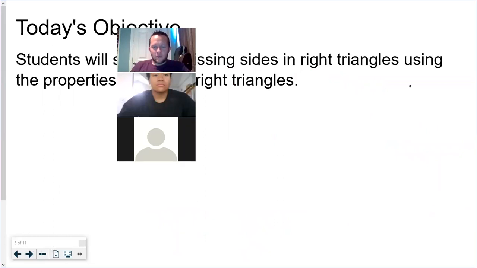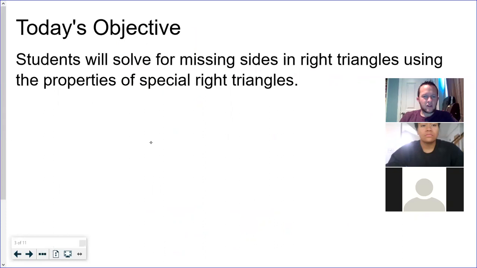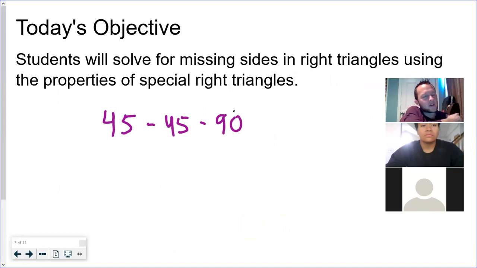Okay, here we go. Let's go to what we're going to do today. We're going to talk about special right triangles. There are 2 types of special right triangles. One of them is called a 45, 45, 90 triangle. And does anyone remember what the other one is? Can you unmute and just shout it out? Is it 60?